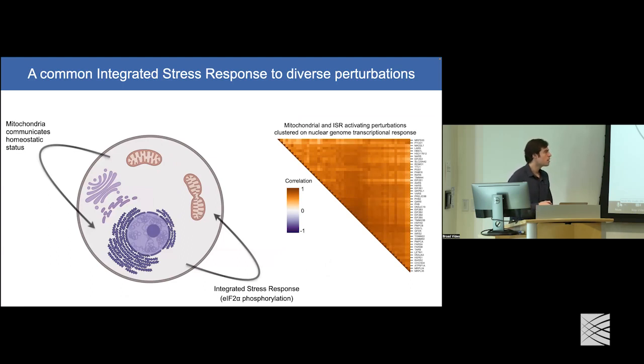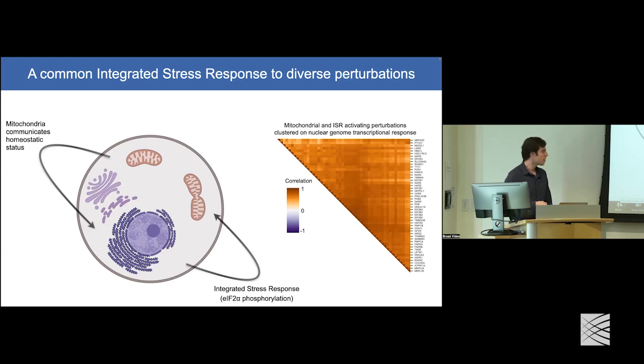Whether you were targeting protein import into the mitochondria, complex 1 respiration, complex 2 respiration, ATP synthase, which is complex 5, or the mitochondrial ribosome, there was a generic nuclear response to that perturbation, which I'm illustrating here as a high level of Pearson correlation between the nuclear transcriptional responses to these mitochondrial perturbations.